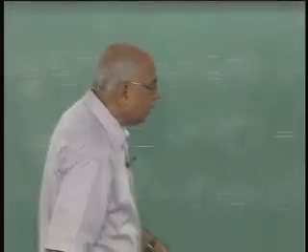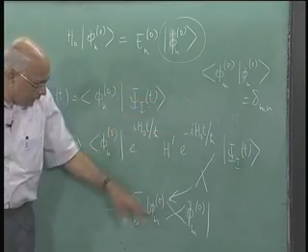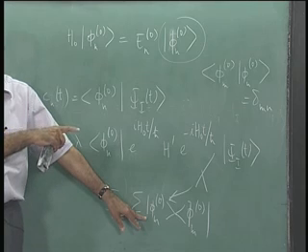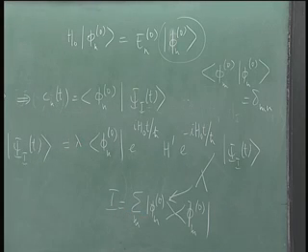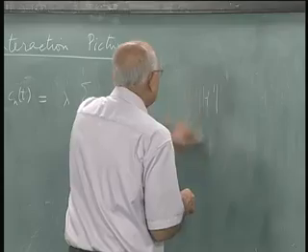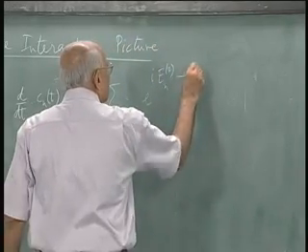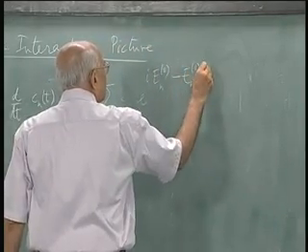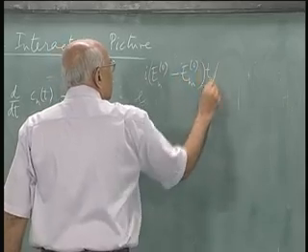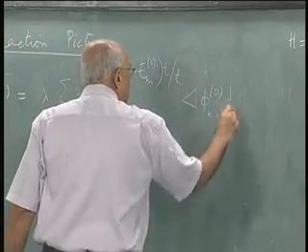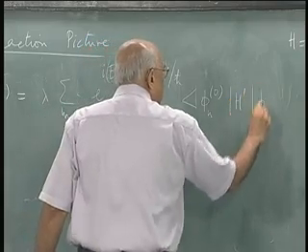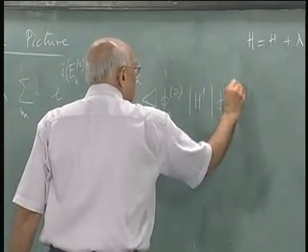And notice once again that H_0 acting on phi_m^0 is going to give you the same e to the i E_m^0 with a minus sign. So E_n^0 minus E_m^0, t over h-cross, and then <phi_n^0| H prime |phi_m^0>.